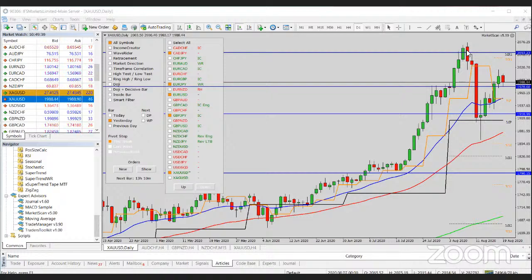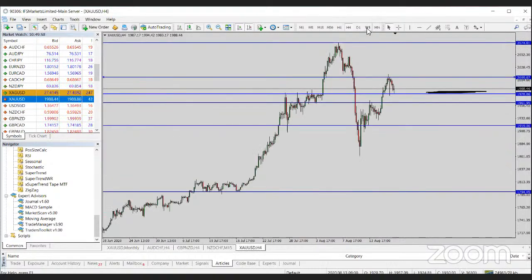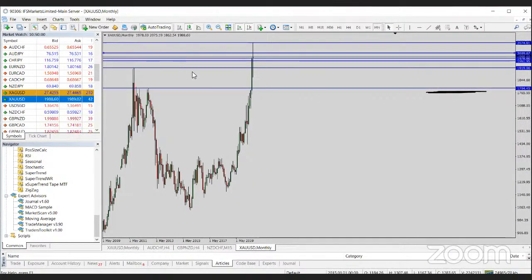The other thing that I would say, these two horizontal levels that I've got marked in here, so that one there is the all-time high. So if we go to the monthly, in fact, I'm going to just get this chart up instead. If we go to the monthly, that level there is the previous all-time high from back in 2011.